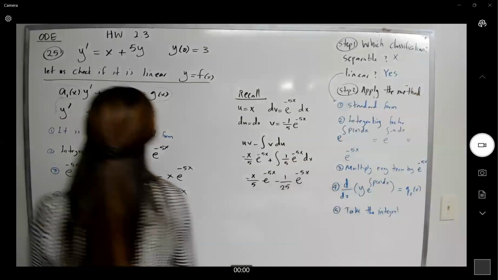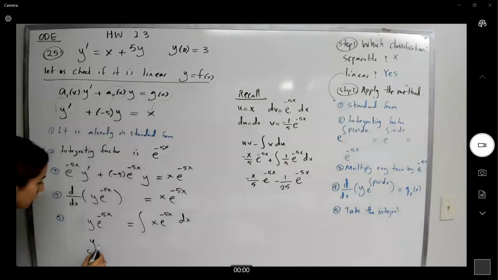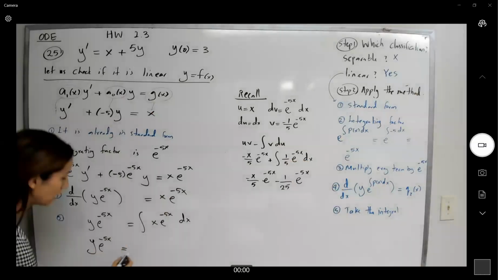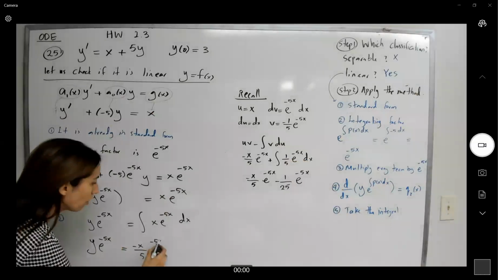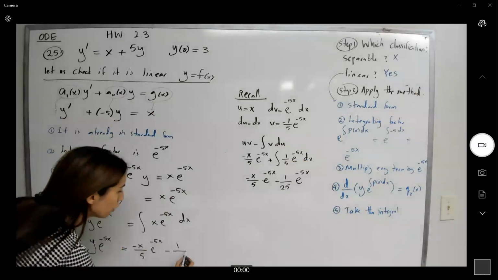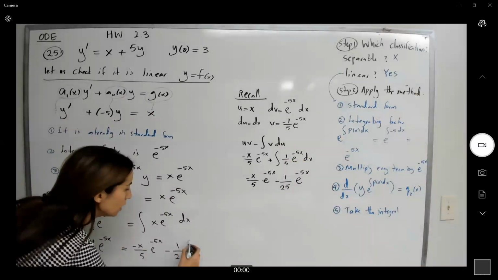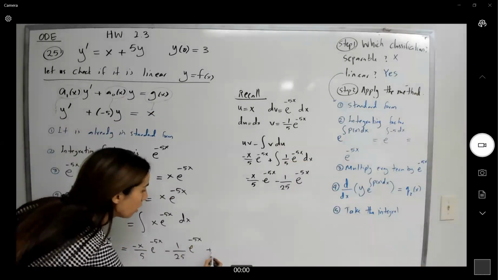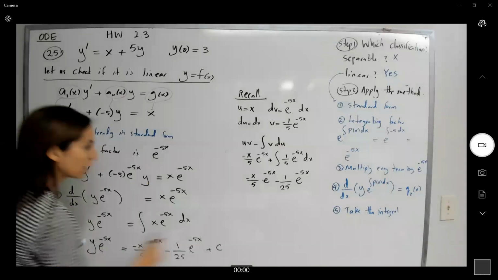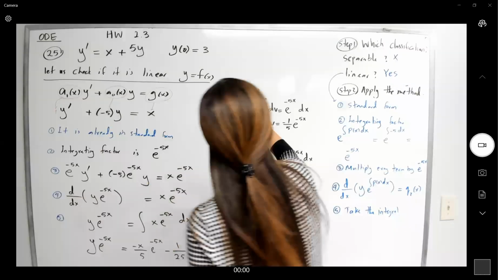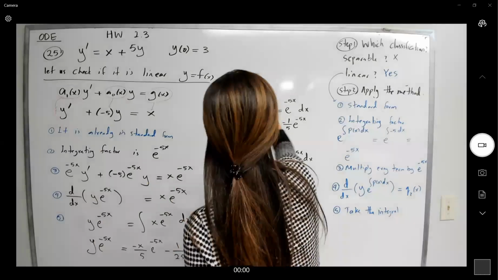So y e to the power negative 5x is equal to negative x over 5 e to the negative 5x minus 1 over 25 e to the negative 5x plus the constant of integration. Now we can just isolate y by dividing everything by e to the power negative 5x. So this is for integration by parts.